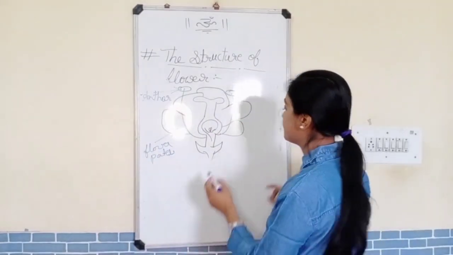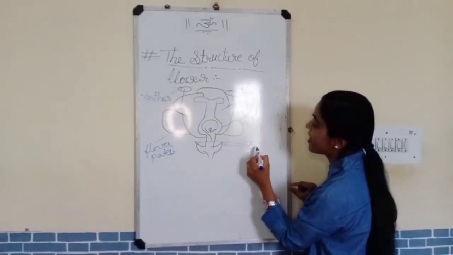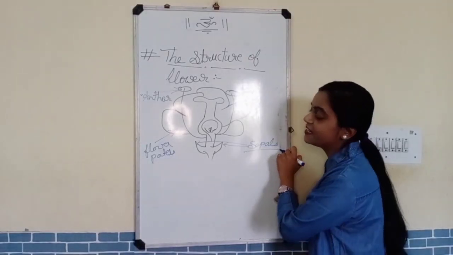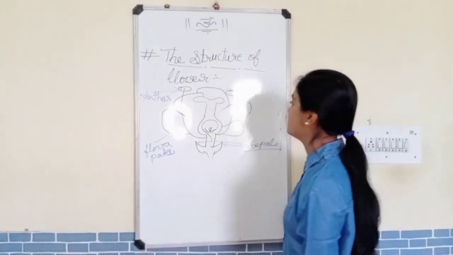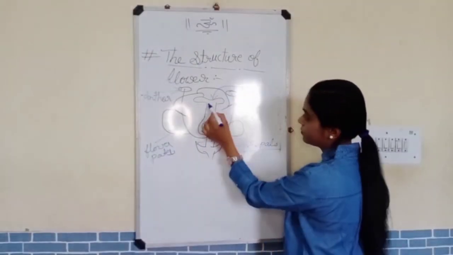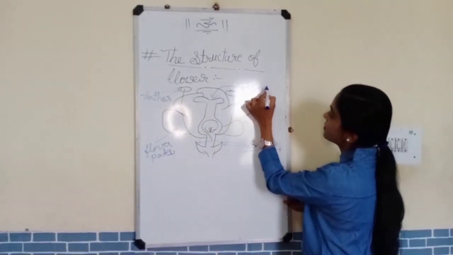You stand up. What are these? Very good. Nice answer. These are sepals, the leaves of the plant. Very good. You stand up and tell me, what is this? Very good. This is stigma. Sit down.